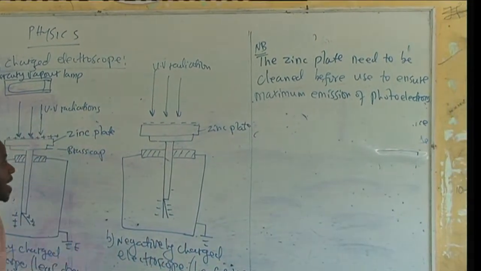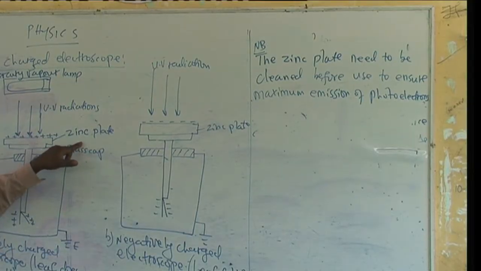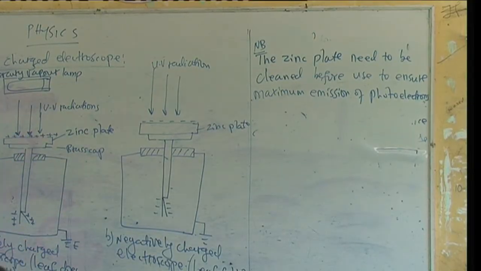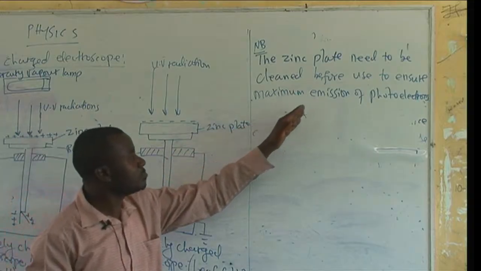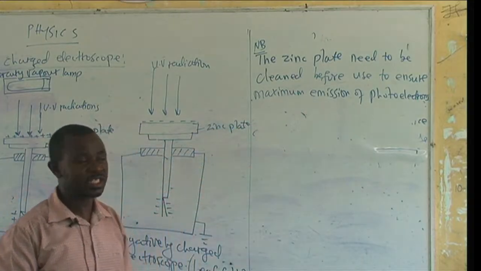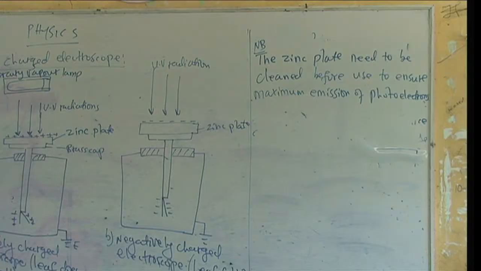The reason we need to clean this zinc plate before carrying out this experiment is to ensure maximum emission of photoelectrons. Otherwise, if it's not clean, then photoelectric emission may not take place.